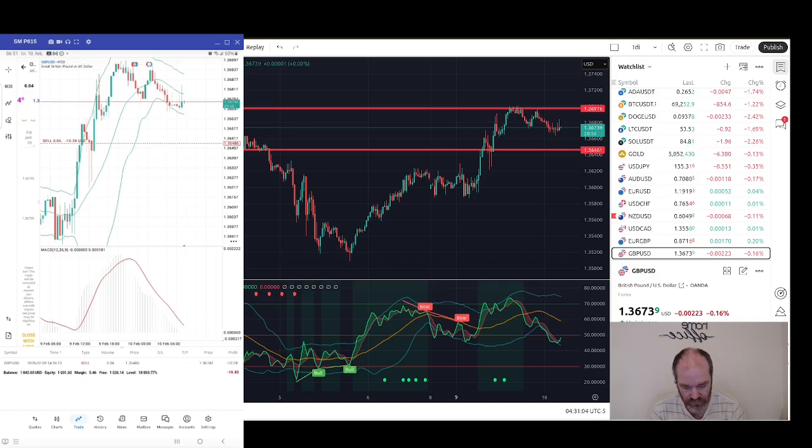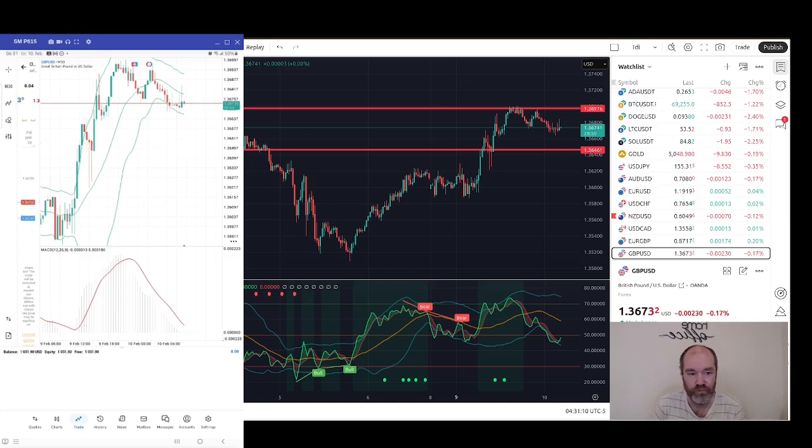We close this one. And we close this one. There. We are out. So we made almost just $1 profit on this trade, but still it's good because we count this as two trades. Yes, I know we have two trades here, but that is completely fine.